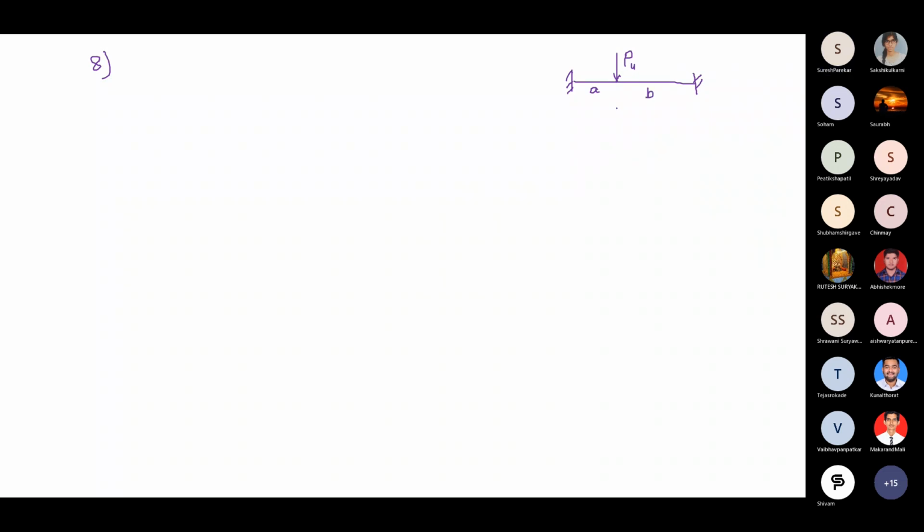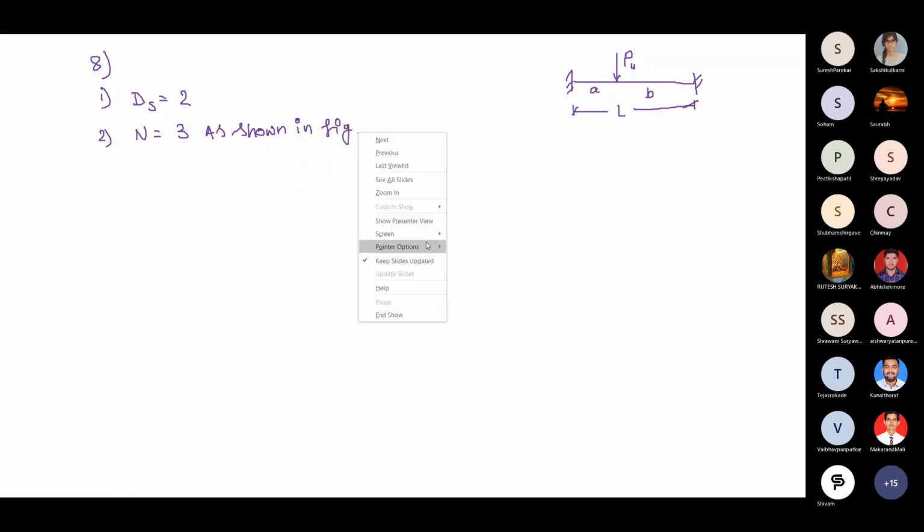So we have next PU AB L. Then we have step 1. Now DS, now I will not calculate, I will directly write 2. Capital N we have 3. As shown in figure. So we have first here. Second we have here.